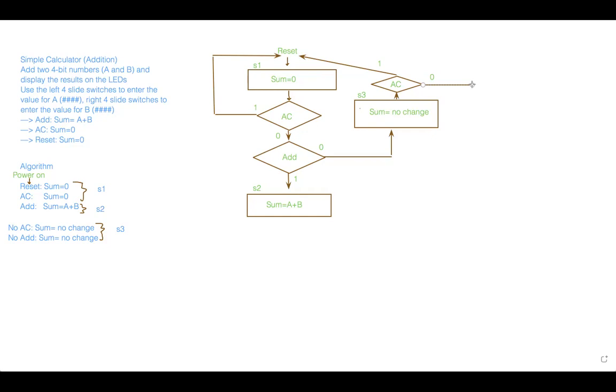And so I can sort of simplify his diagram. If the user pressed clear and nothing happened, then we can just go back and check, are we going to do addition? So I can go back in here and check to see if the user pressed addition.